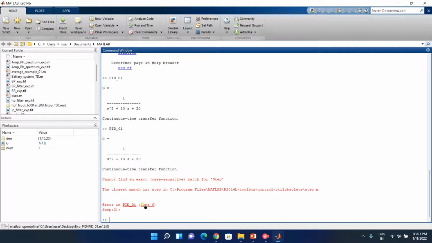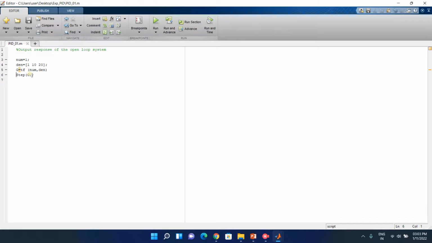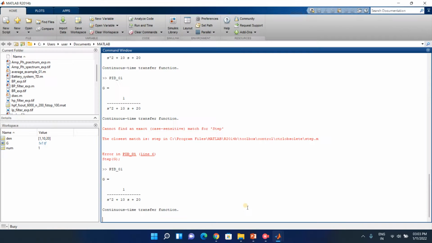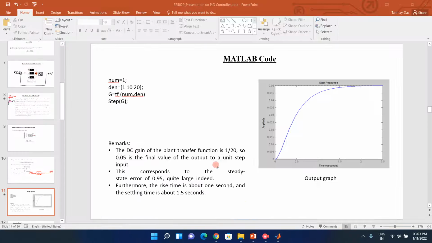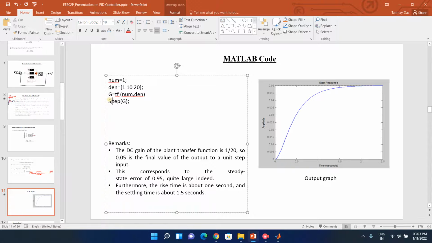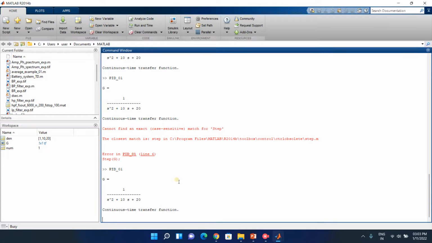Now if I want to see the output response with the unit step signal. Sorry, s is small s.